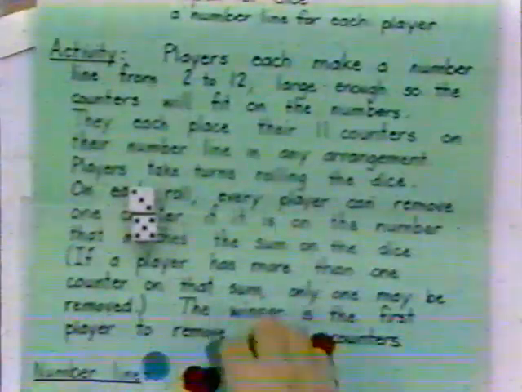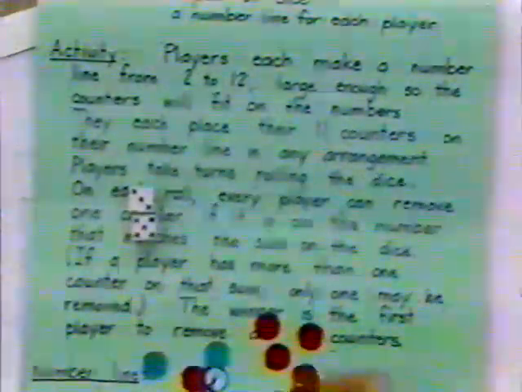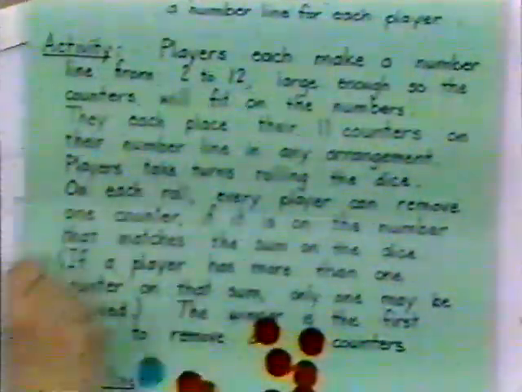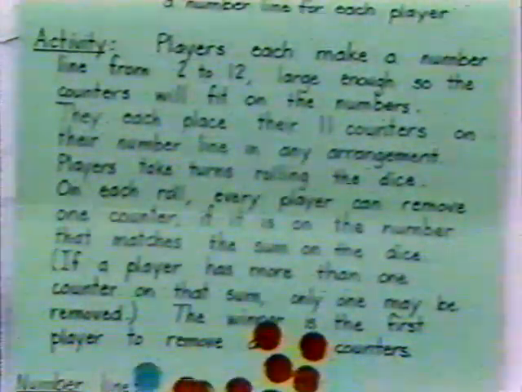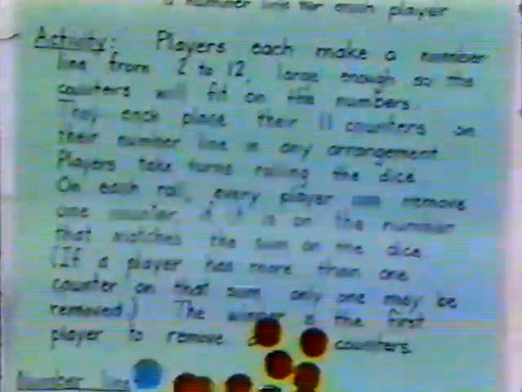We're going to use 2 different colors, and the numbers should be large enough so that your counters fit on their plate. Now, I have only one number line on here to show them what the number line should look like, but each player needs their own number line.